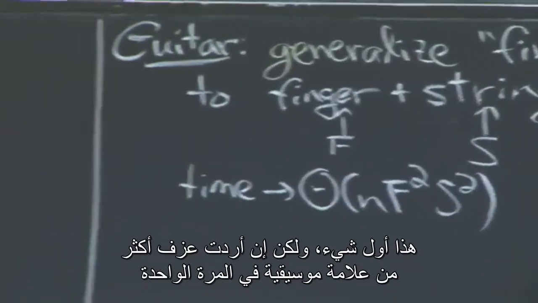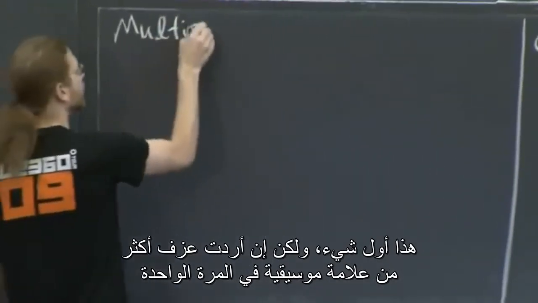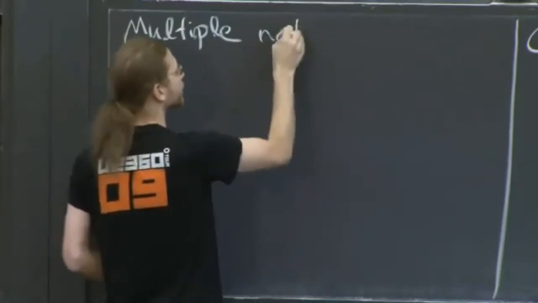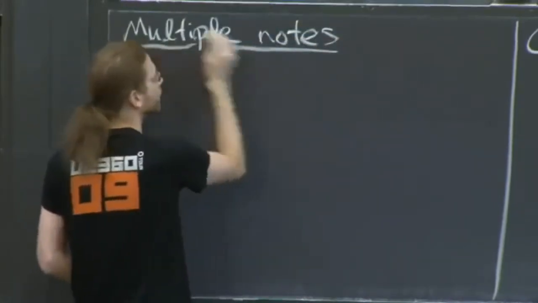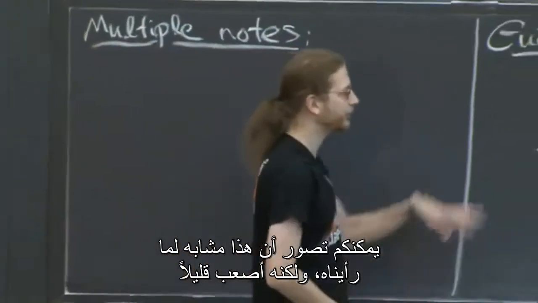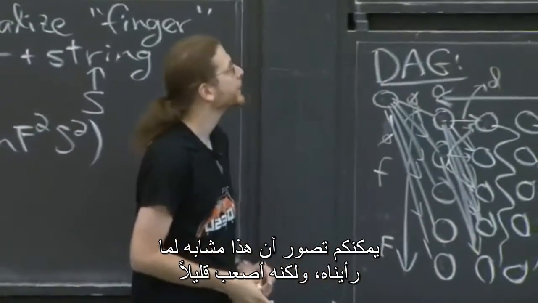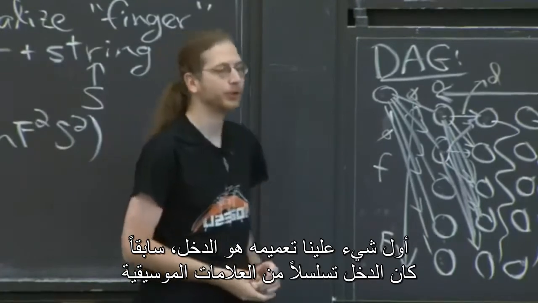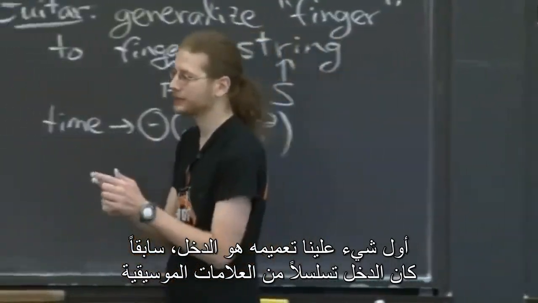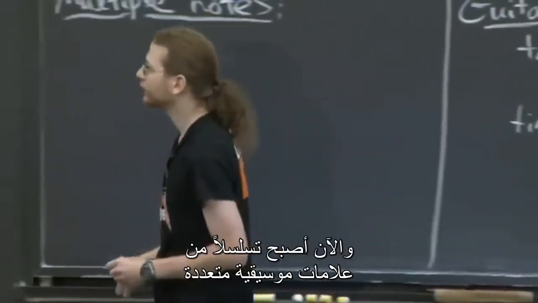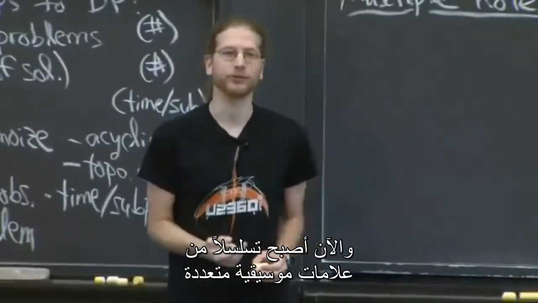But then if I want to do multiple notes, well, you can kind of imagine it's a similar type of deal. It's going to get harder, though. First thing we need to generalize is the input. Before, the input was a sequence of notes. Now, it's going to be a sequence of multi-notes.